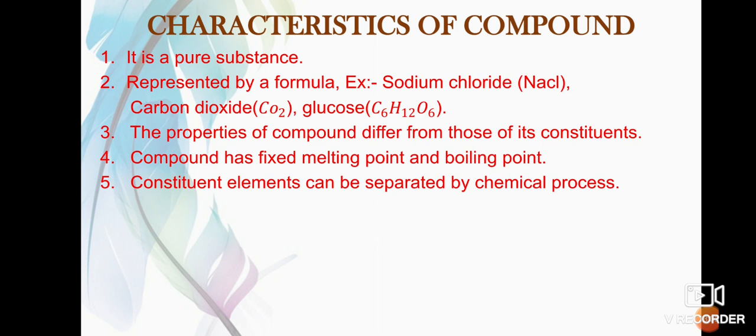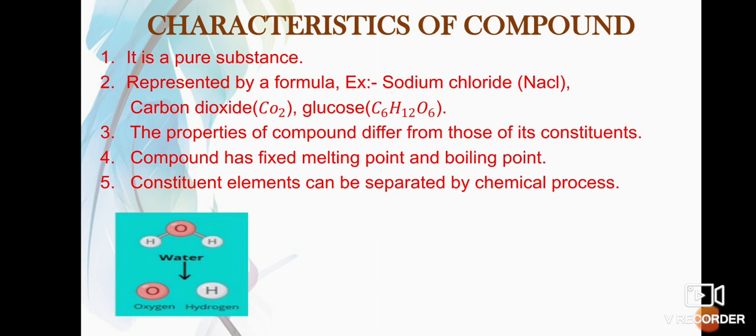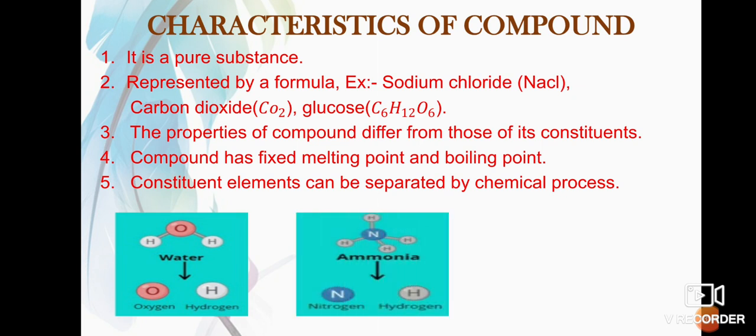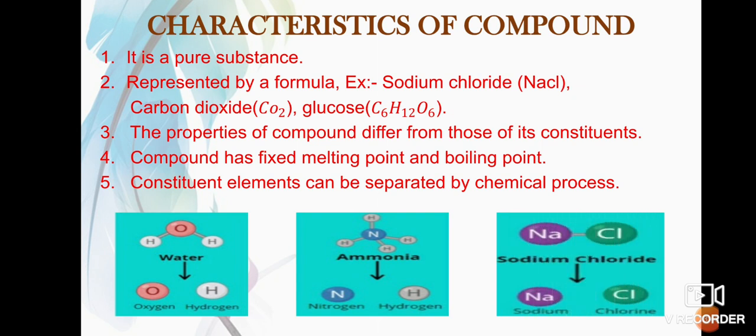Like this, we can use chemical processes to break the compound. Okay, students. See, here some pictures are there for you to understand. Water, which is made from hydrogen and oxygen. Ammonia, which is made from nitrogen and hydrogen. Sodium chloride, Na and Cl. These are the elements which form a compound.